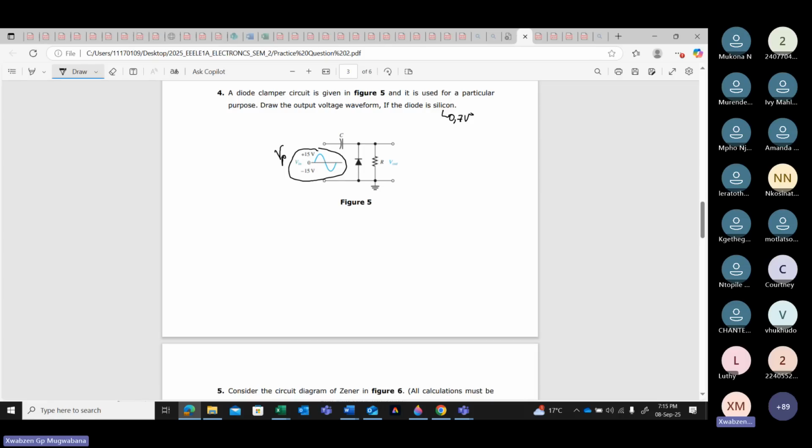Therefore, the first thing you say is that because of the negative cycle, the diode is at forward bias. Are we together? If the diode is at forward bias, then it will have a barrier potential of minus 0.7 volts. You said, why is the diode on the forward?